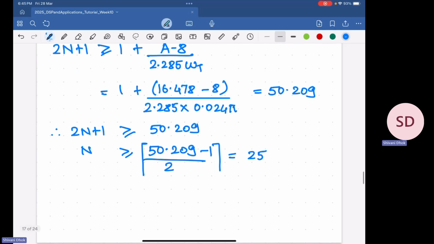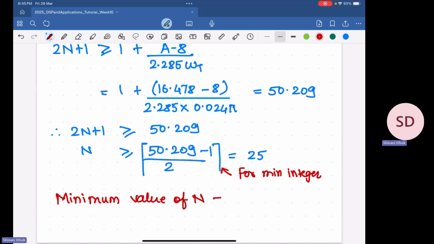So the minimum value of n is 25, and if we want to be precise, if the length of the filter is 2n plus 1, then the order of the filter is 2n, which is equal to 50.